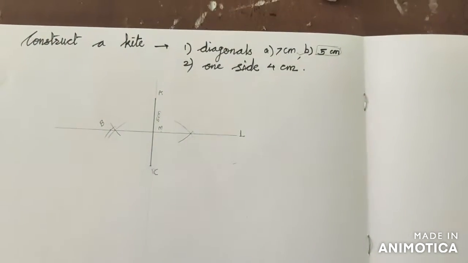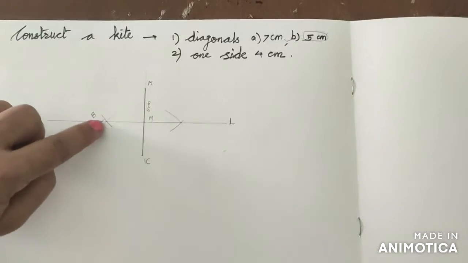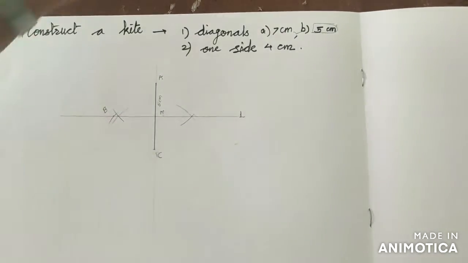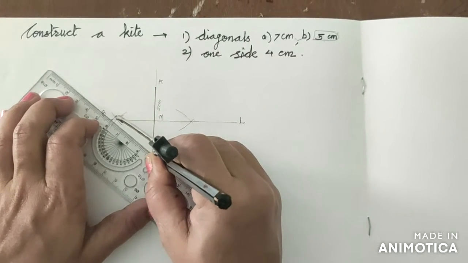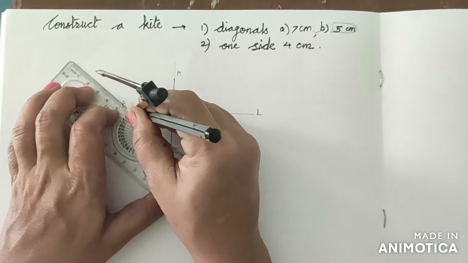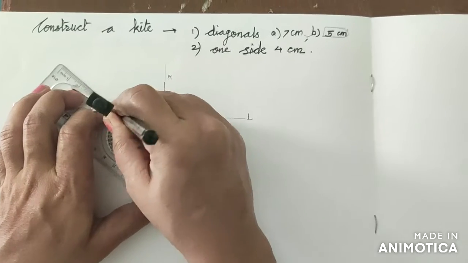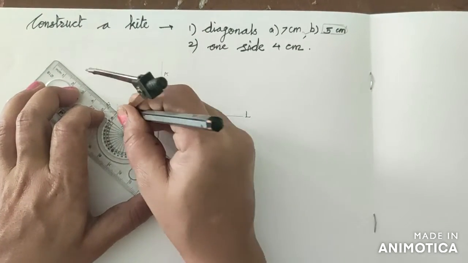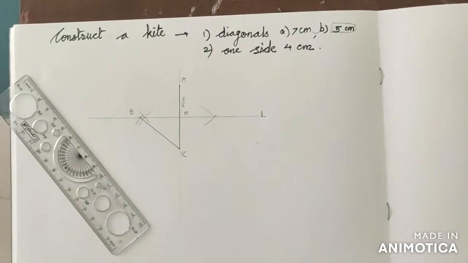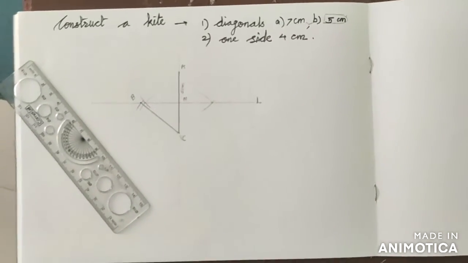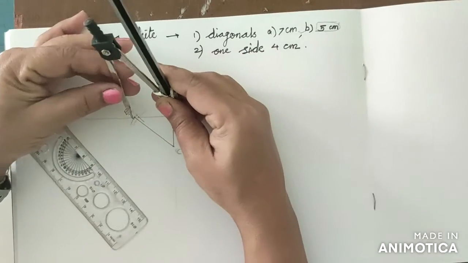Okay, so this length is 4 centimeter as given in our question. After checking, join the points B and C, we get one side of our kite.